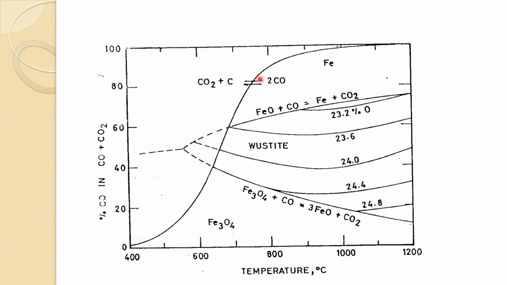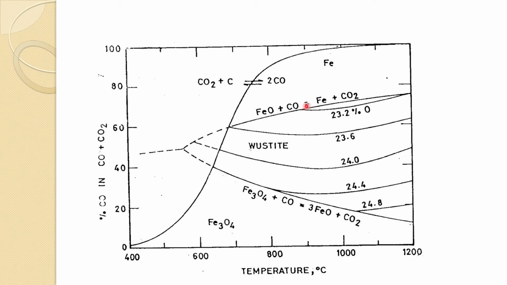It has been superimposed on the Fe-C-O system, just to show how the reduction will take place. So, essentially the Fe-C-O system is this one, where these lines are there.